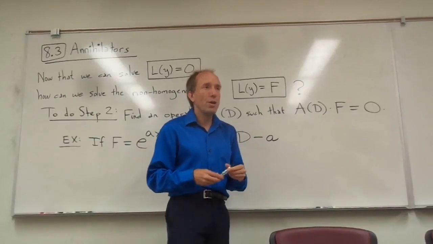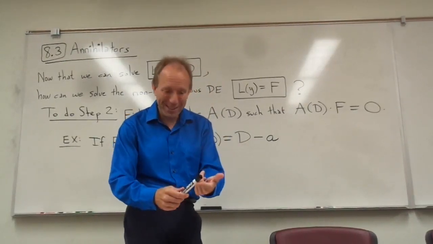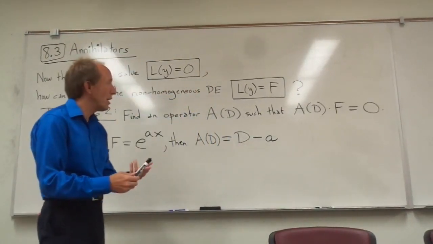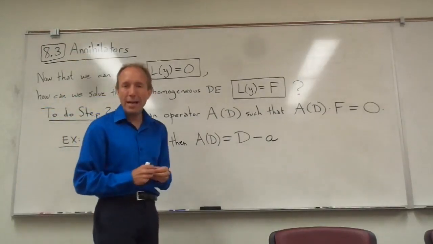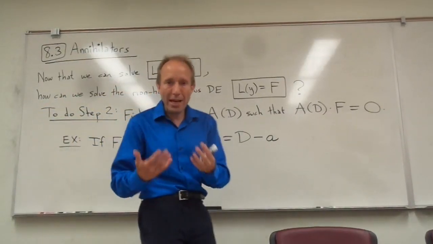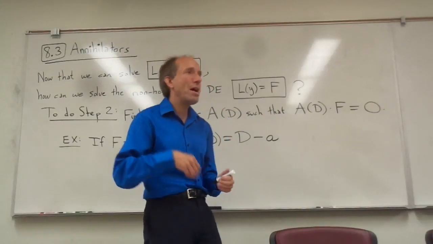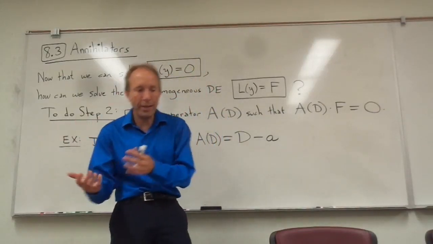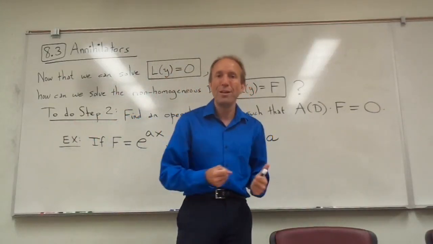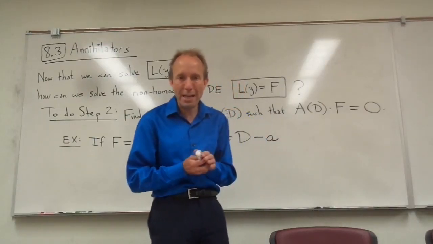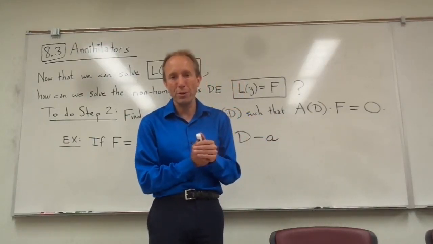Right? So I've talked so far about polynomials, about sine and cosine, and about e to the ax. I'm going to give you a table of annihilators. You're not going to have to memorize what annihilator you need to use for what function, because I'm going to give you that table that shows you what those annihilators are.